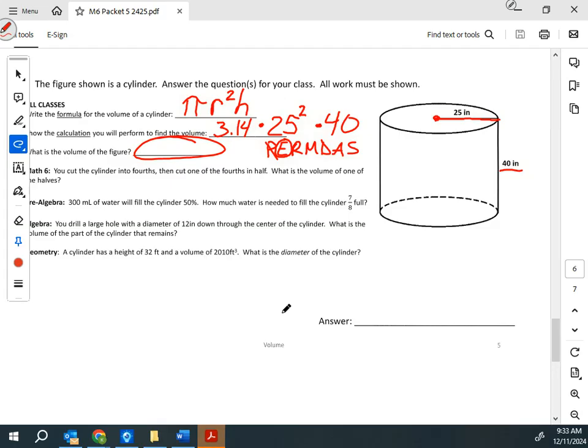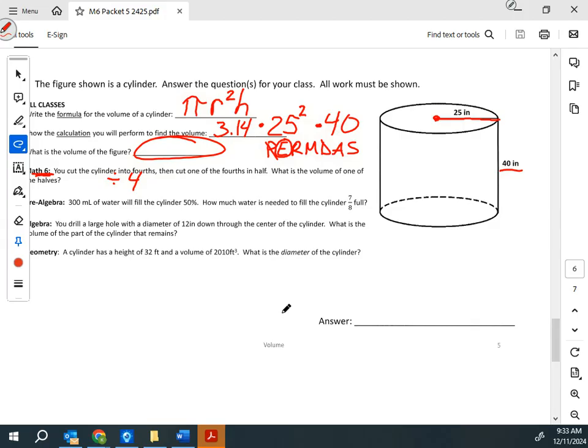Now you're going to take that volume. To answer our question here, it says you cut the cylinder into fourths. So if we're cutting it up, what operation is that, Emma? That's division. When we're cutting up, we are dividing. What am I going to divide by if I'm cutting it into fourths? Aiden? I'm going to divide it by 4.